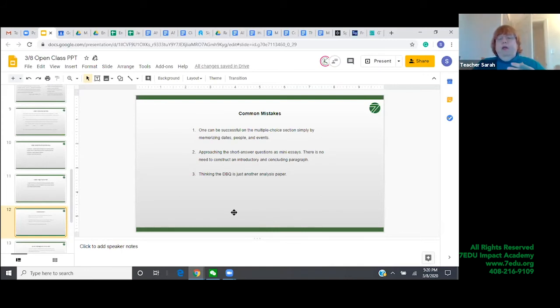Then you have to develop your argument based on the prompt, provide the evidence from those documents, and bring what they call outside information, which is what you know from your history studies. You can't just focus. You have to give it context, like I said before, 50 years before. And there's going to be some kind of recurring theme that we went over earlier.